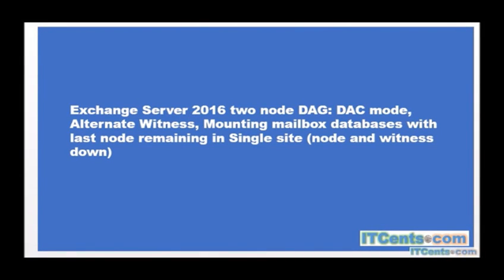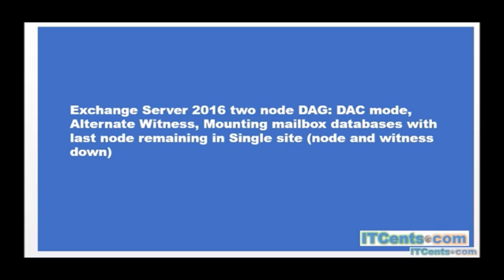Okay, in this video we will see how to enable Data Center Activation Coordinator mode, or DAC mode, for an Exchange Server 2016 Database Availability Group, and how to configure an alternate witness.